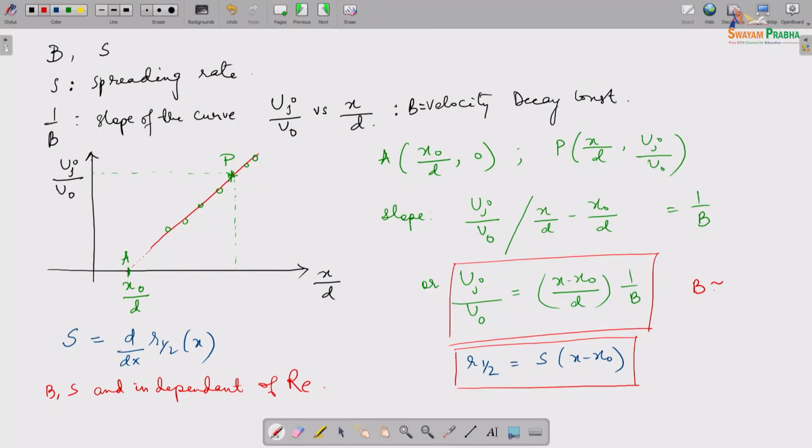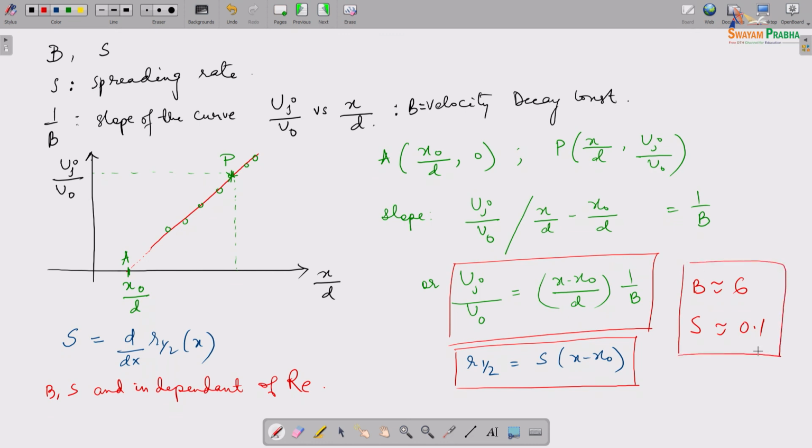So, let us just say that the B value is about 6, and the S value is about 0.1. We got 3 values there, 0.096, 0.102, 0.094. So, it is about 0.1. So, B and S also have a value.